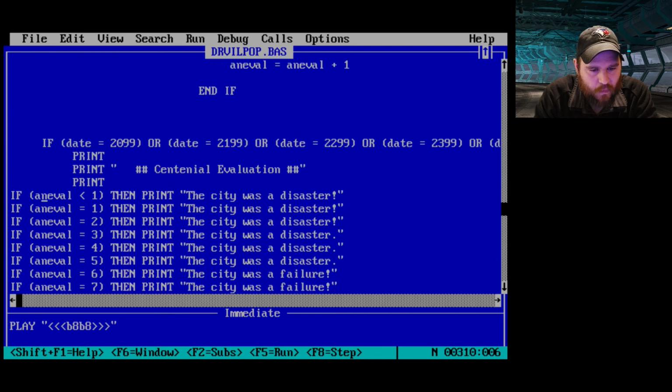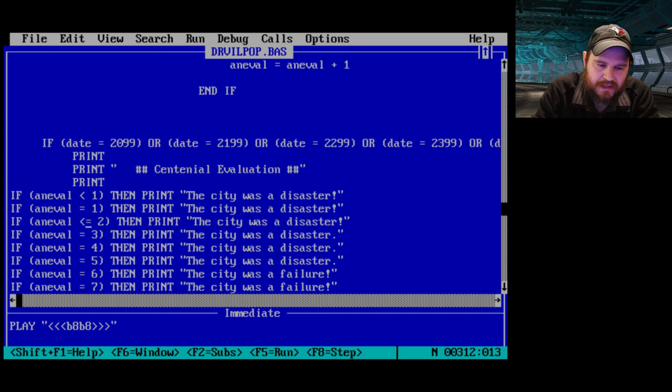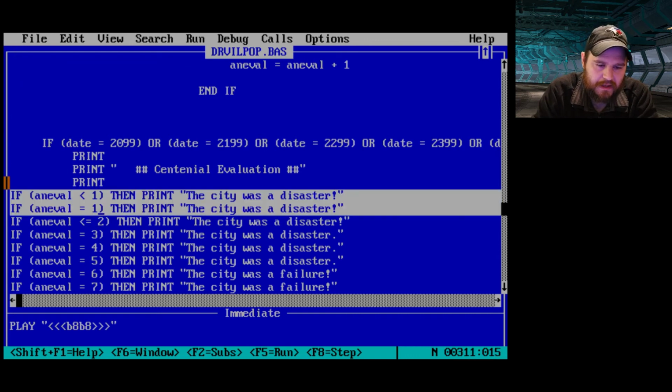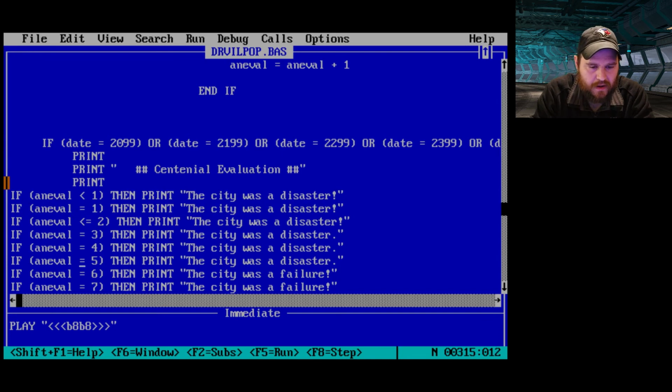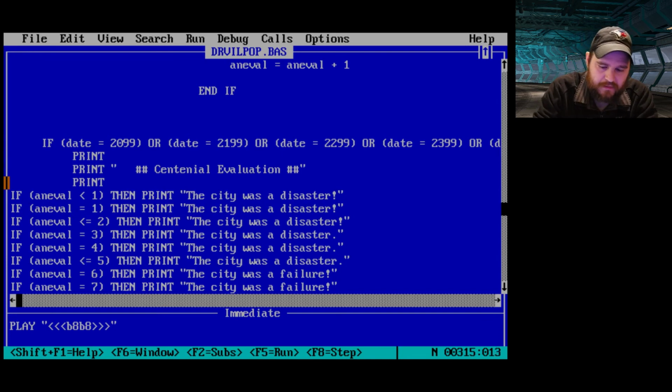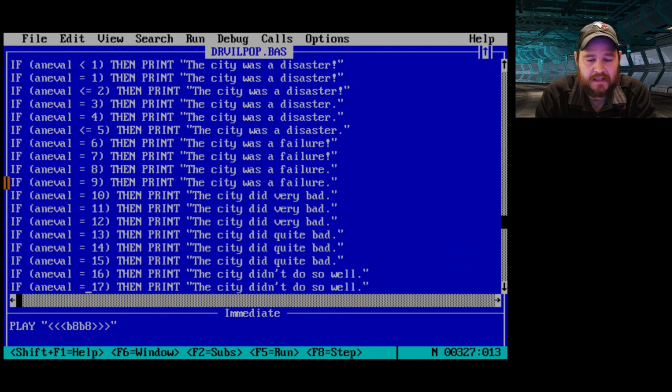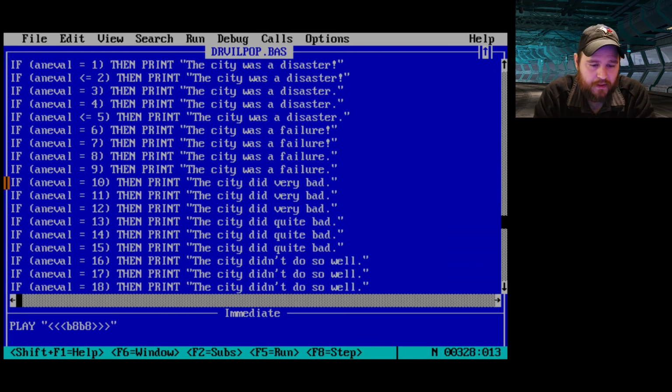Like you'll notice 1 from 0 to 2. So he could have turned this into, if it was less than or equal to 2, then print this. And these didn't have to be there. And then he could have said, well, okay, else if it was less than or equal to 5. He could have put these in buckets rather than specifying each one.